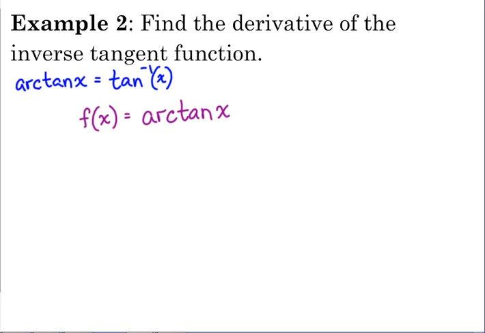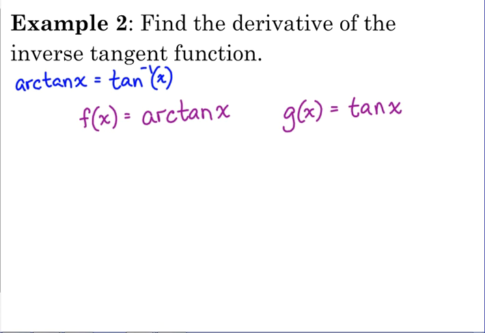Now the inverse of the arctangent is tangent, because we're talking about the inverse tangent function. So the inverse of the inverse is the original. Hopefully that makes sense. The inverse of the inverse tangent is just tangent.